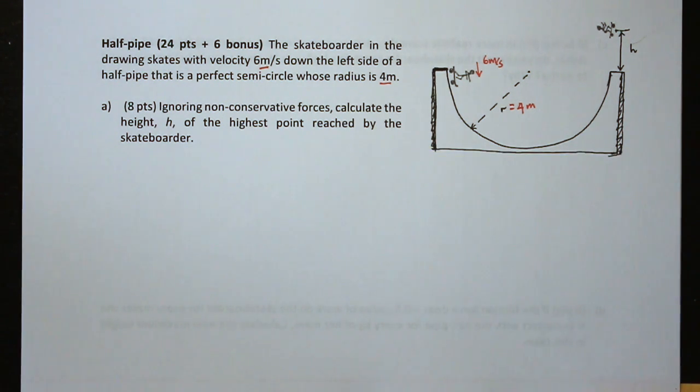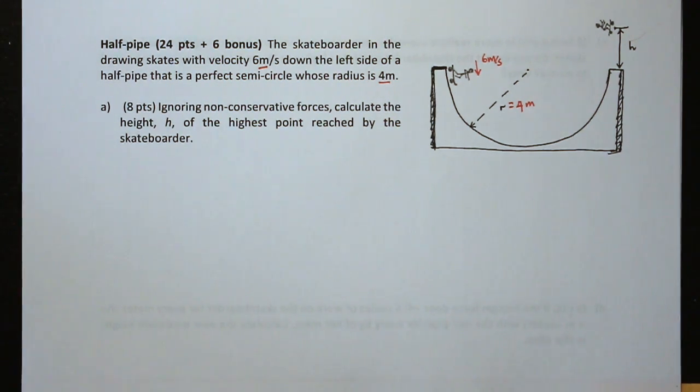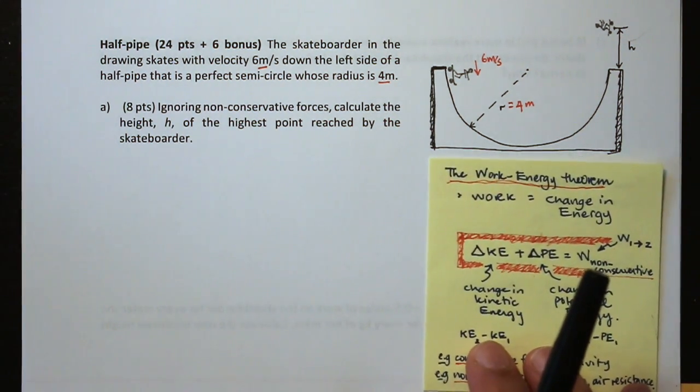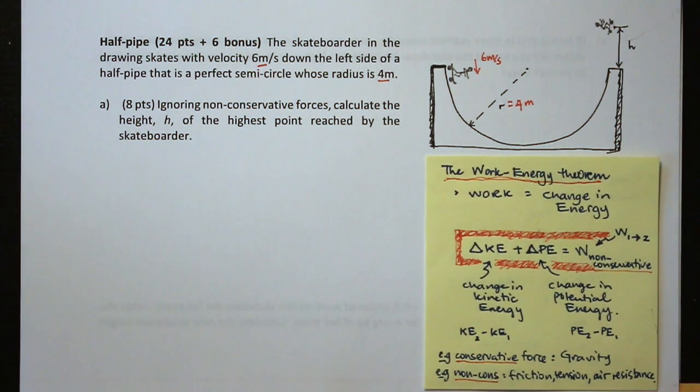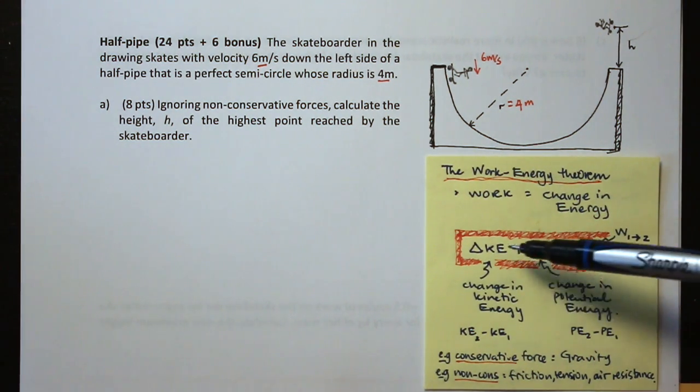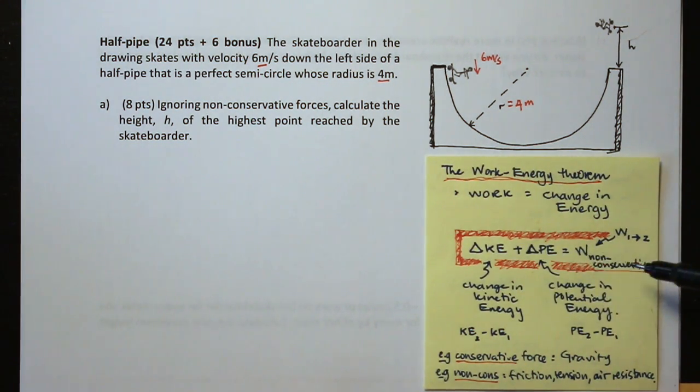So let's see how we could do it with either one of these. Let's start with this formulation. So I'm talking about differences in kinetic energies and potential energies and the work done by non-conservative forces between two positions, position 1 and position 2.